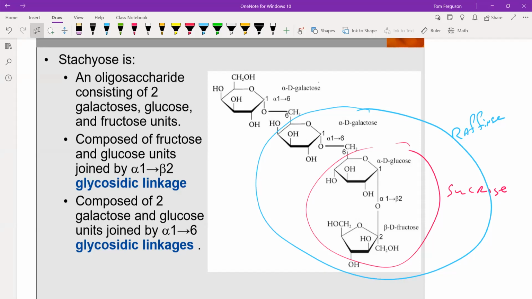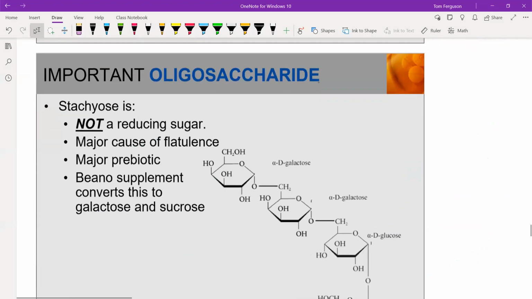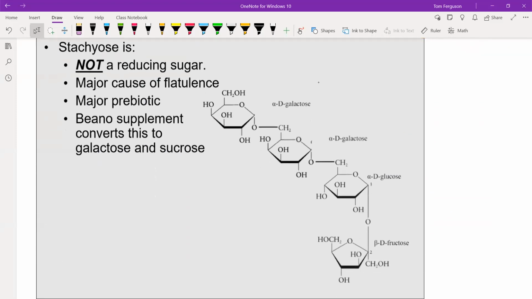What's interesting about stachyose is the major cause of flatulence whenever you eat certain foods like beans. It's a very good prebiotic.